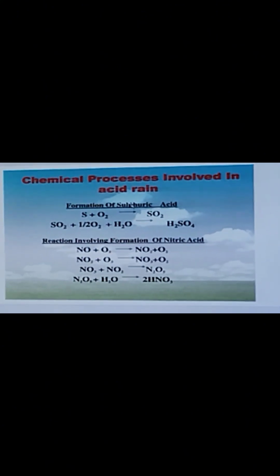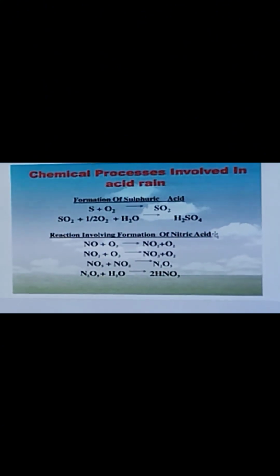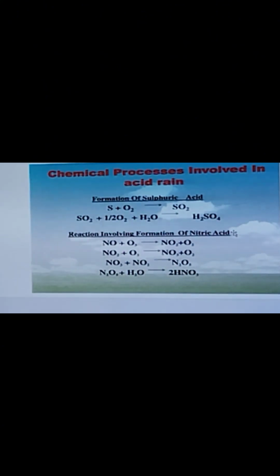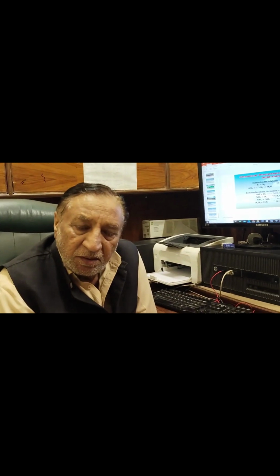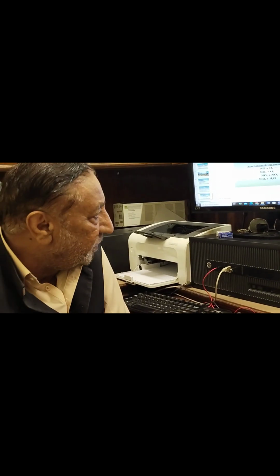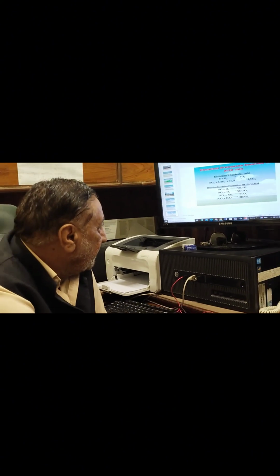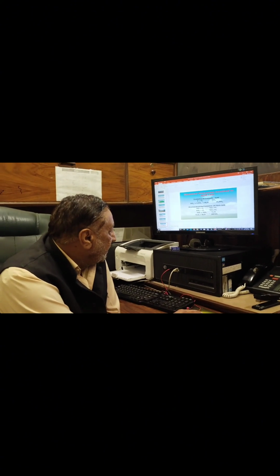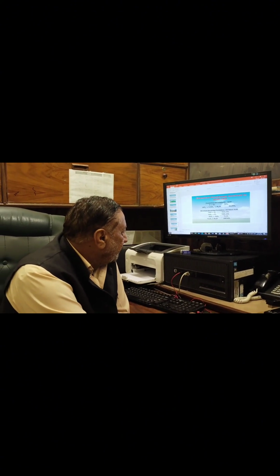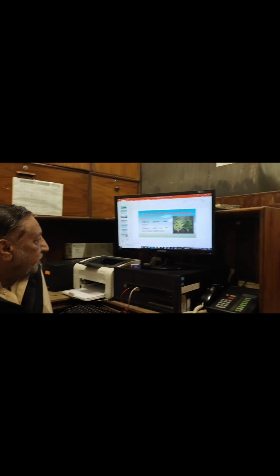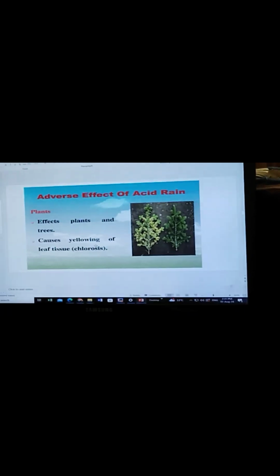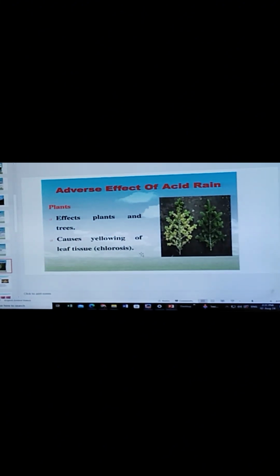So this is sulfuric acid, and these are the main things. Otherwise, carbonic acid, because the carbon content of the air is present, so it also reduces the pH.